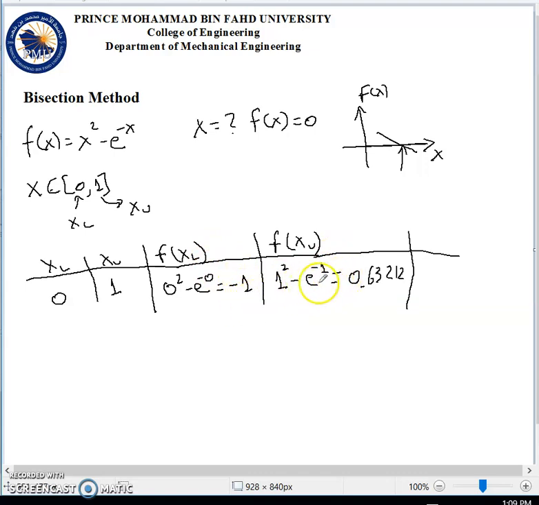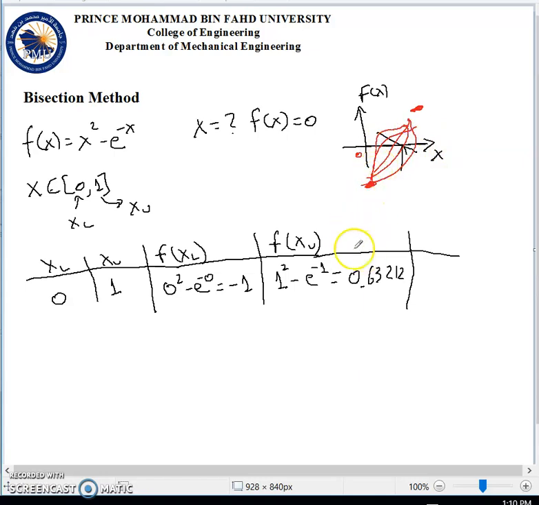This is very important because it means that at x equals 0 the function has a negative value, but at x equals 1 the function has a positive value. So it needs to cross the horizontal axis at some point. We don't know where it will cross the axis. It could be anywhere.